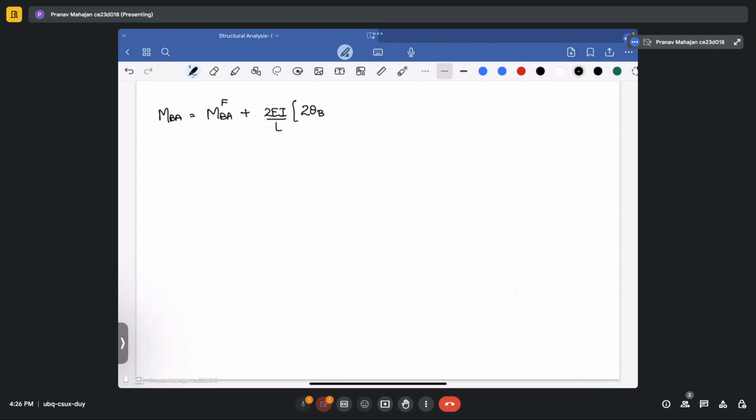If you want to remember that, just see whichever moment you are writing, that is MBA: the first letter will be taken twice and the second letter only once. So twice of theta B plus theta A minus 3 delta upon L.